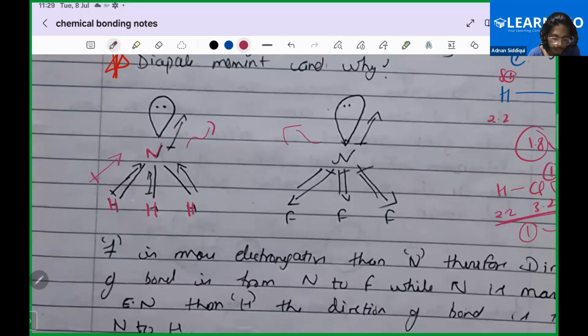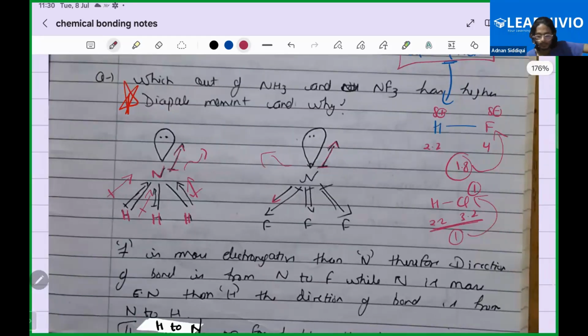So the dipole moment is going to be like this. And between nitrogen and fluorine, fluorine is more electronegative, so it looks like that. But between an atom and a lone pair, we will always show the electron density going from the atom to the lone pair, because the lone pair is more electronegative always, because it is pure electron.